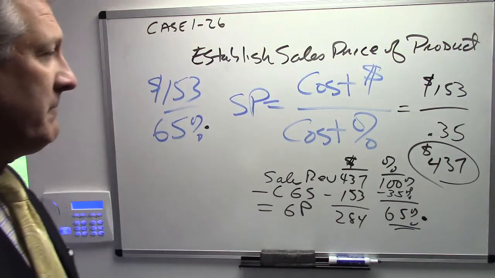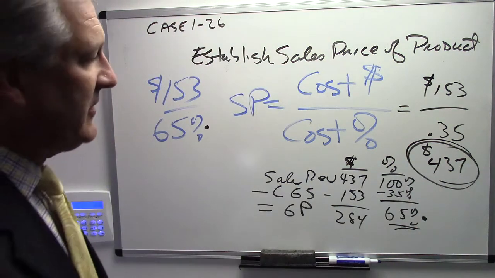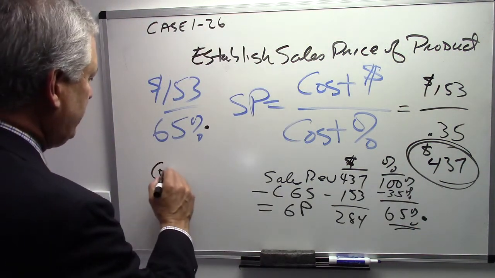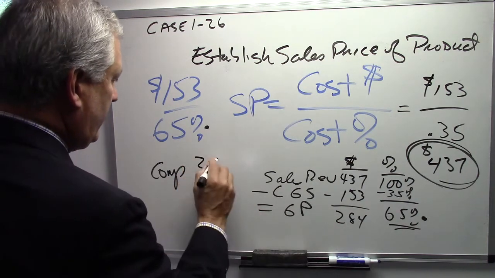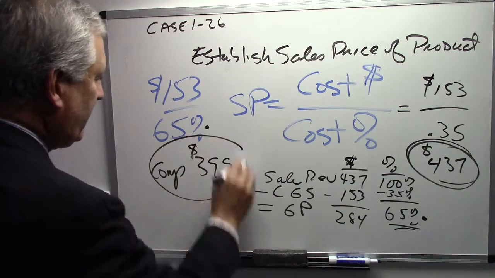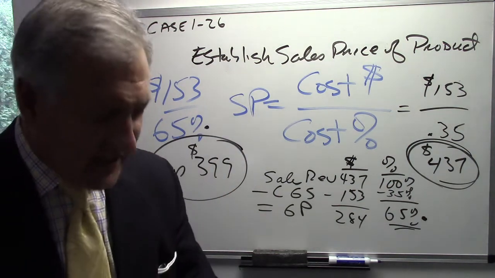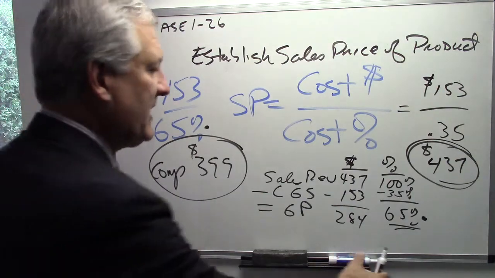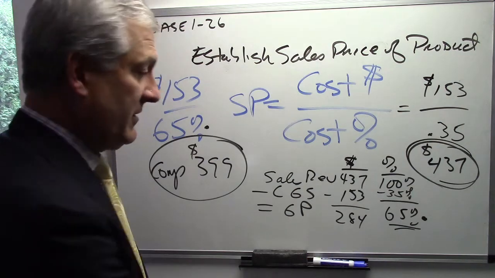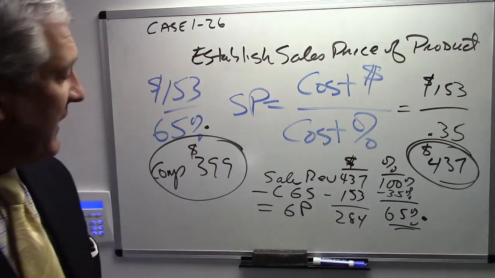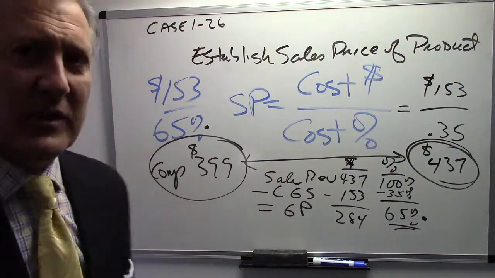And number 3, if we're going to sell this product for $437, what if the competition is selling the exact same product, the exact same table and patio chairs, for $3.99? If the competition is selling for $3.99 and we're selling it for $437, what's going to happen?